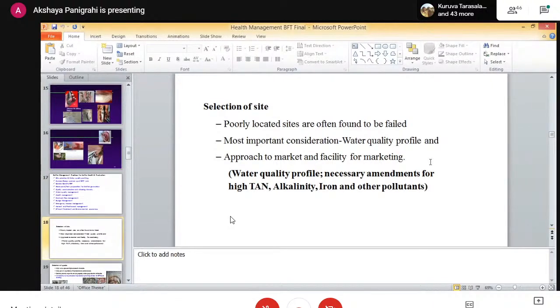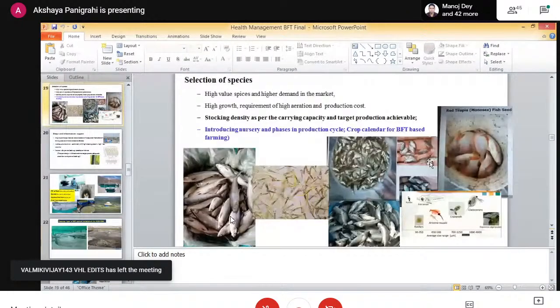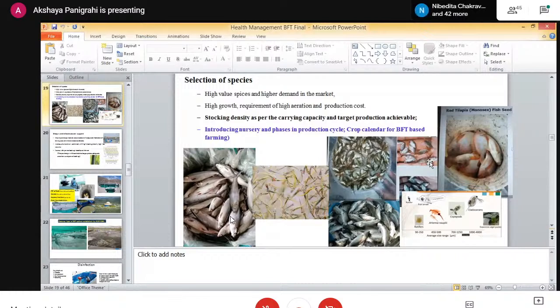So in short, this is the selection of the site, as I told, the water quality and amendment, what is required for the ammonia, alkalinity or iron or other pollutants, then the selection of species. Here, more than anything, the availability of healthy animals, healthy seed, and of course one of the major things is economics.